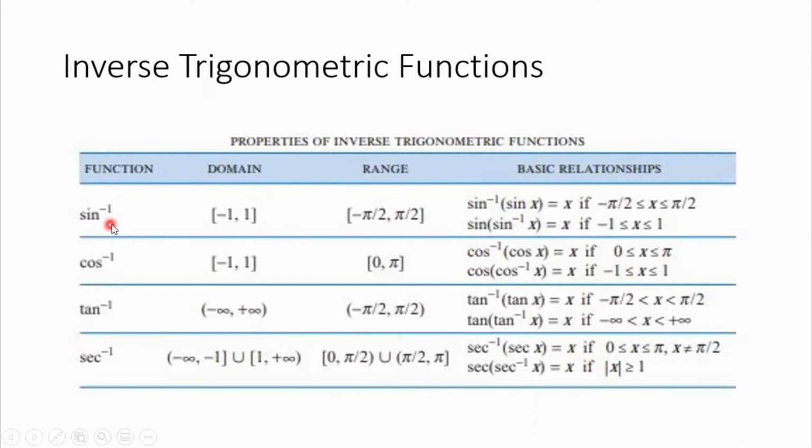So for example, the sine inverse has a domain of a closed interval from -1 to 1, and it has a range from -π/2 to π/2. Now we recall that the domain of the sine function is actually the set of R, right?